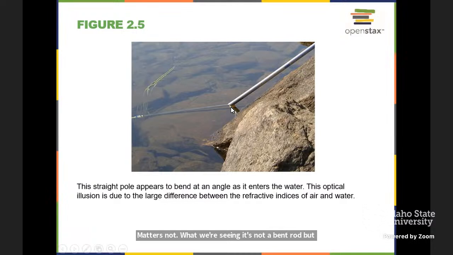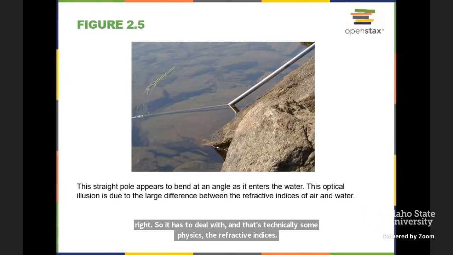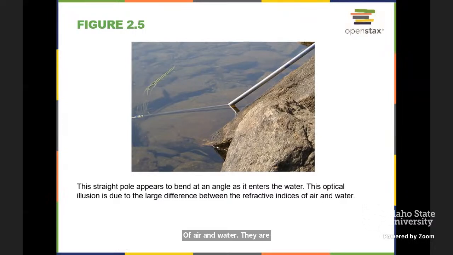As it hits the water, it makes this optical illusion, and it looks as if it's bent. But if you were to pull this out, it's a straight rod. So it has to do with, technically some physics, the refractive indices of air and water. They are different, and so the way that light's hitting this and what we're able to perceive looks as if it's been bent.